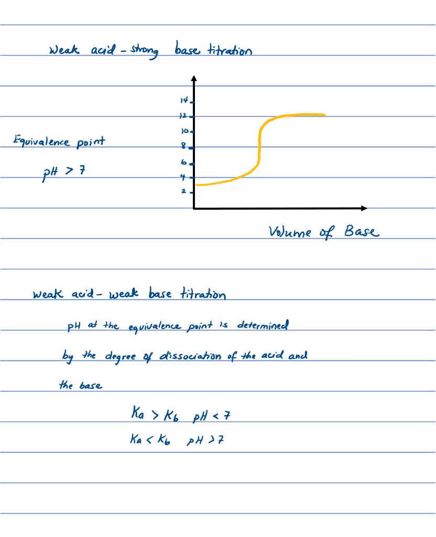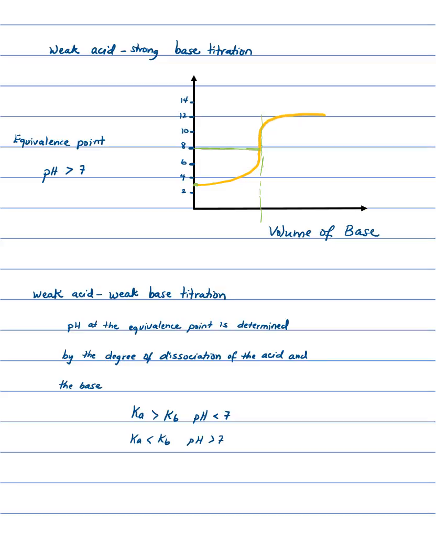You can see that your initial pH here, look, it's above 2. Now your pH at the equivalence point, right in the middle here, is an estimated value close to 8.